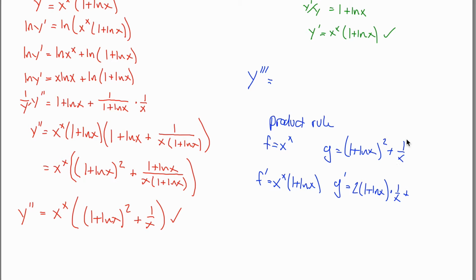And then to take the derivative of this term, this is x to the negative 1 power, so I bring that negative 1 down in front. That makes this negative. And subtract 1 from the exponent, it becomes negative 2.